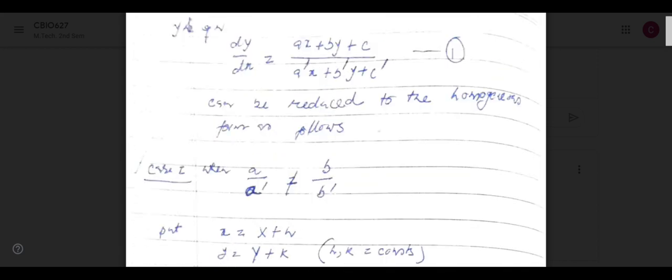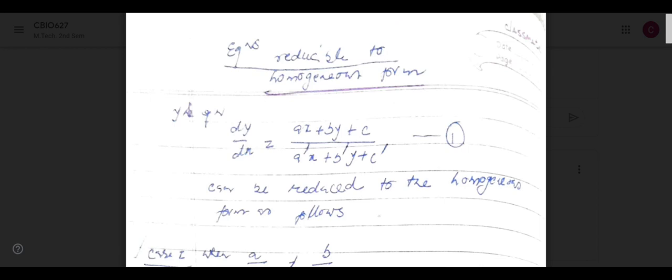Then we have discussed the Bernoulli's equation. Then just one problem we did, the exact differential equation. Okay. What is the first step? So the variable separation method.